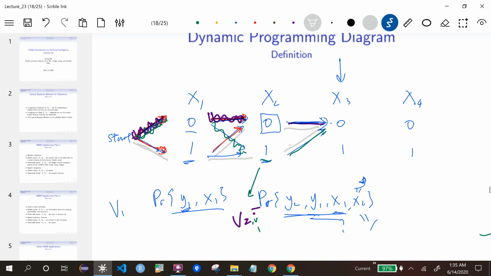So we saved the computation for trying all 4 possible paths that lead to x3. We only need to try 2 of them. And let's say, suppose this is the better one, so this leads to the higher probability. So we will store this as v30.